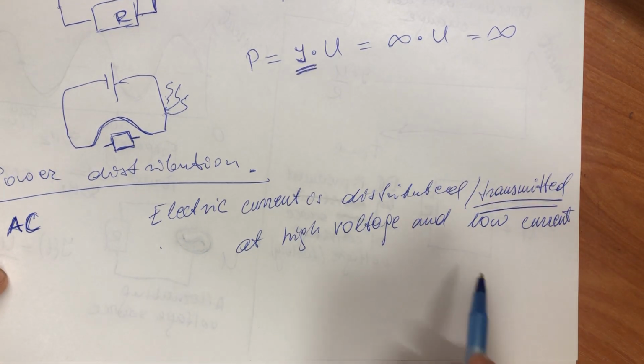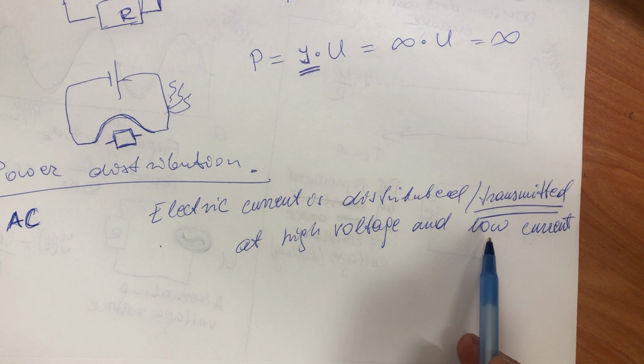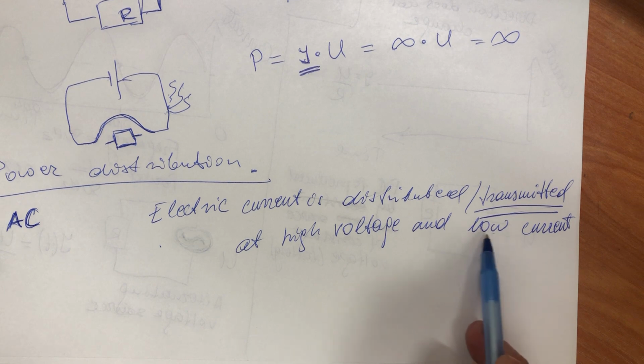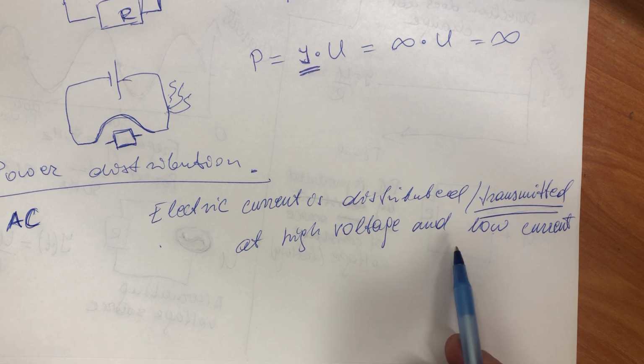It is done that way because if we wanted to transmit at high currents, then we would need to make wires thick.